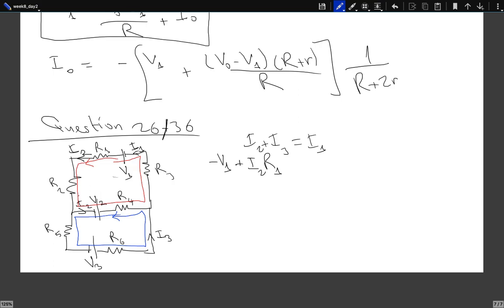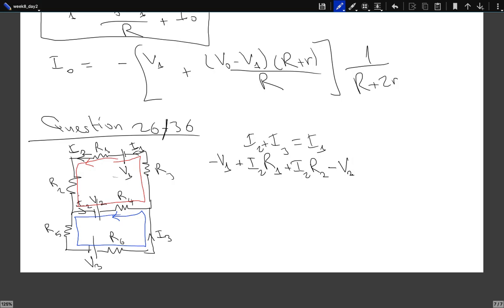From this point to this point, I2R2. From this point to this point, the potential drop is minus V2. And from this point to this point, this is I2, R4.